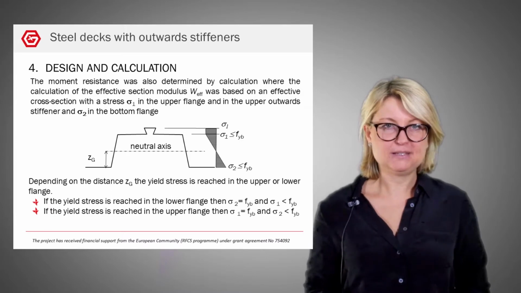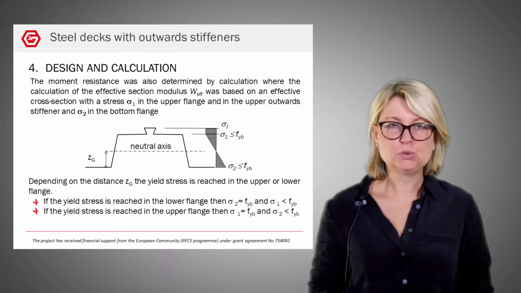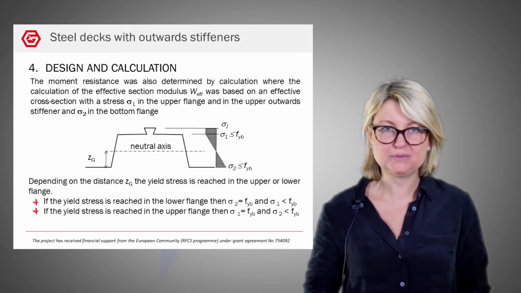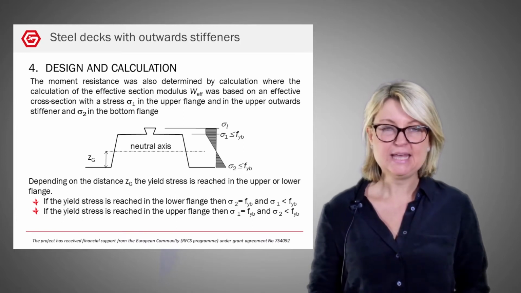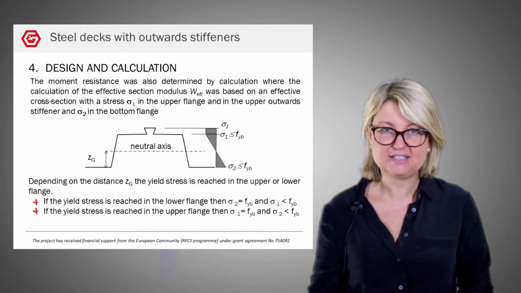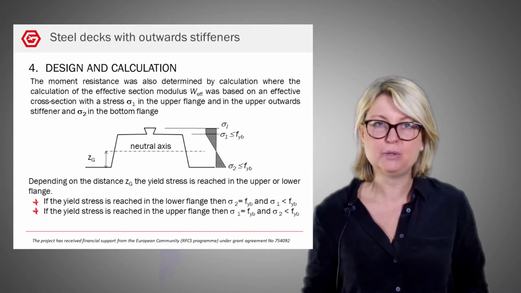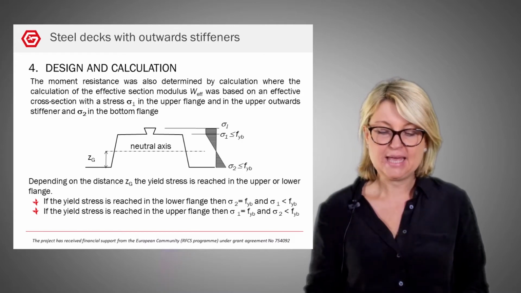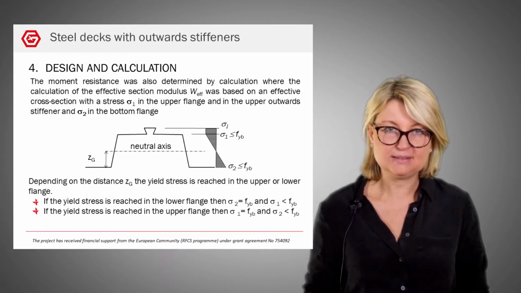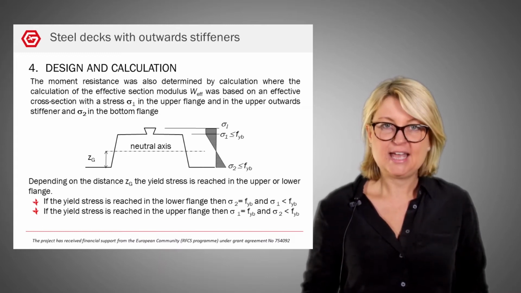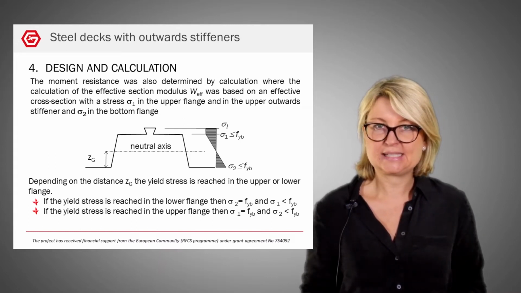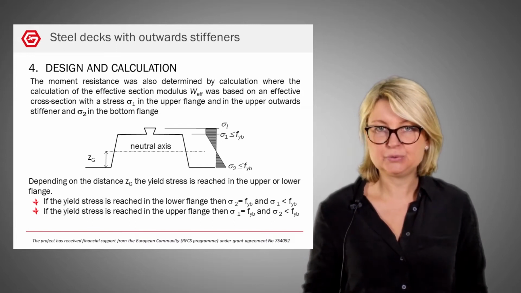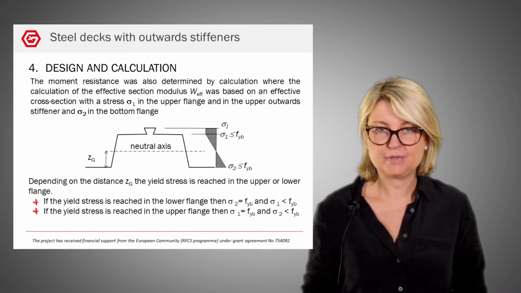The next step in our scientific process was to come up with a methodology to calculate the span moment resistance. The calculation of the effective modulus W_F was based on an effective section with a stress sigma 1 in the upper flange and the same stress in the outward stiffener and a stress sigma 2 in the lower flange.